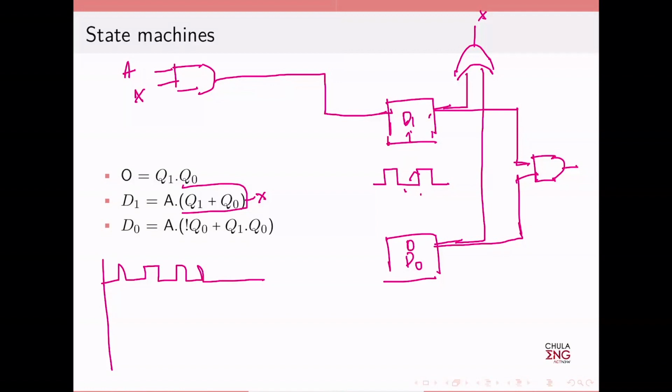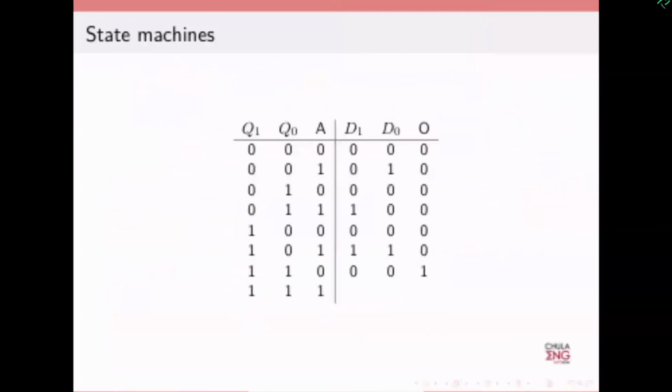So the output is a function of Q1 and Q0 ANDed together. So it is going to be 0, only until it changes to state 3, when it's 1, 1, then it ANDs and outputs. So output is according to these two flip-flops ANDed together, like the states here.